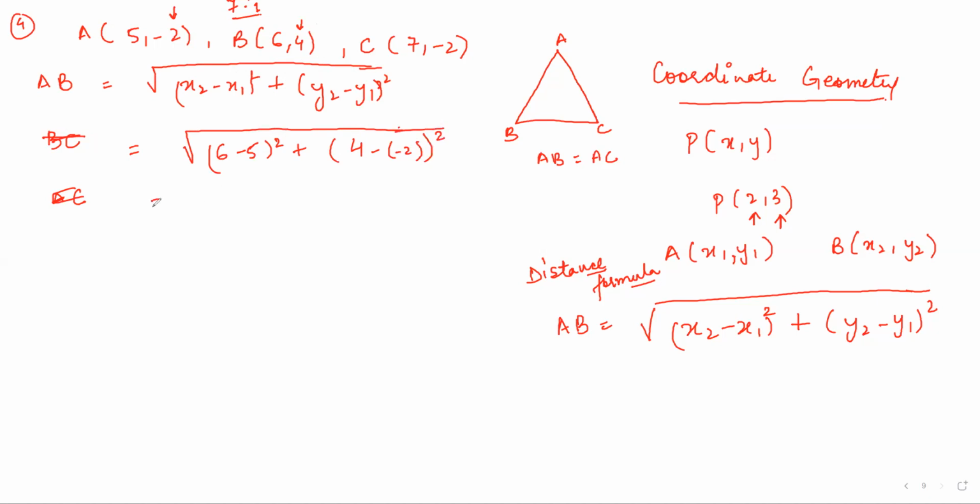Be careful with the signs. 6 minus 5 means 1 whole square, plus minus minus gets plus, so 4 plus 2 means 6 whole square. So you will get 1 plus 36, and this will give you under root of 37 units, right?